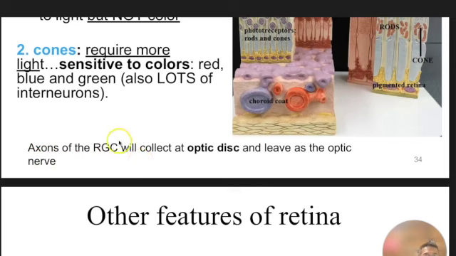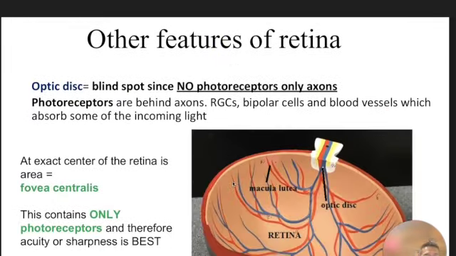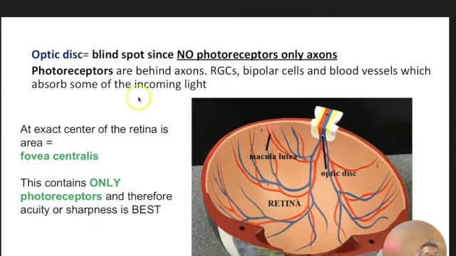Everything is collected at the optic disc. Remember the optic disc in the back? That's where the optic nerve is, and it goes to your brain. The optic disc is the blind spot. There's no photoreceptor there, only the axons.